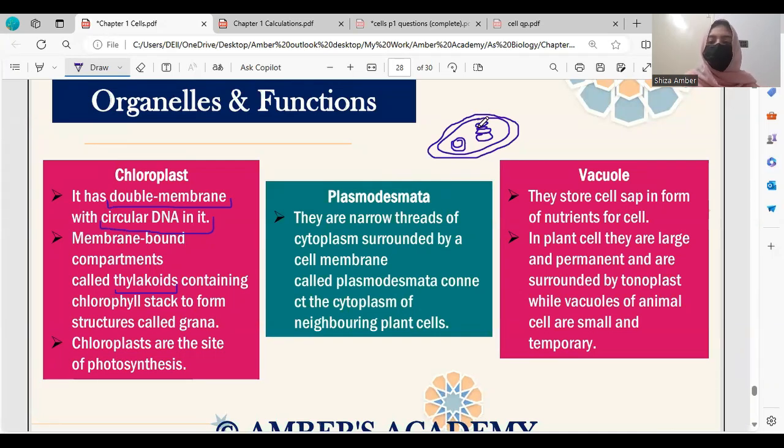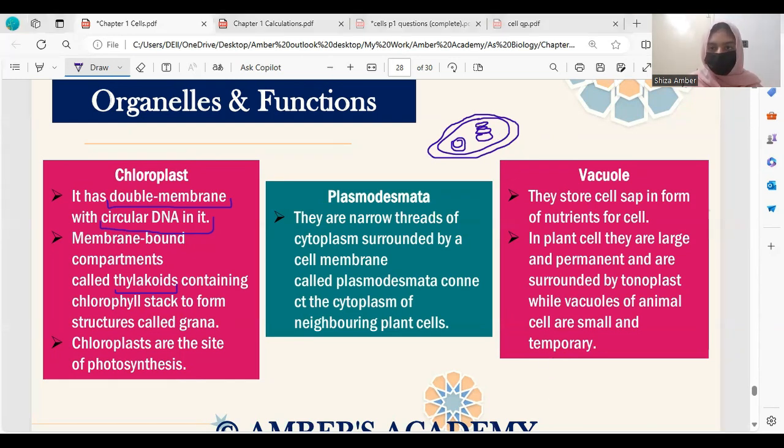Okay. So, actually, have you ever seen a pile of coins? Yes or no? Pile of coins. Okay, obviously you have seen the pile of coins.